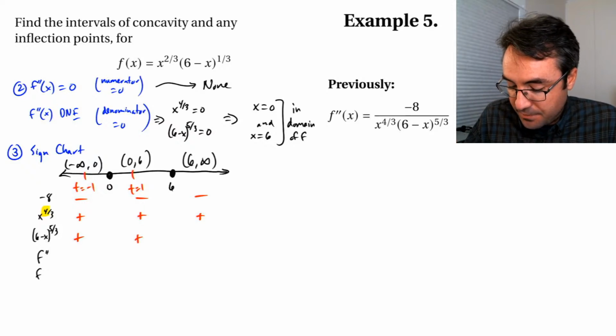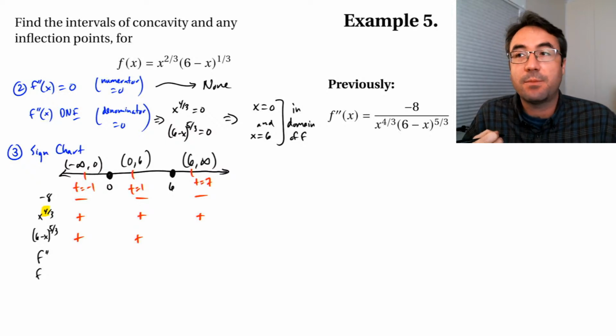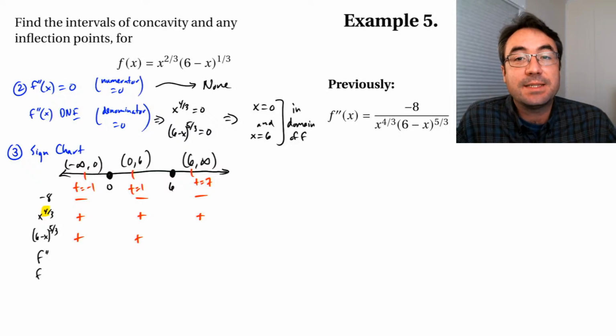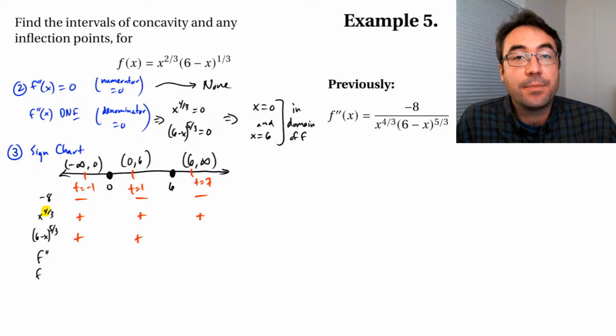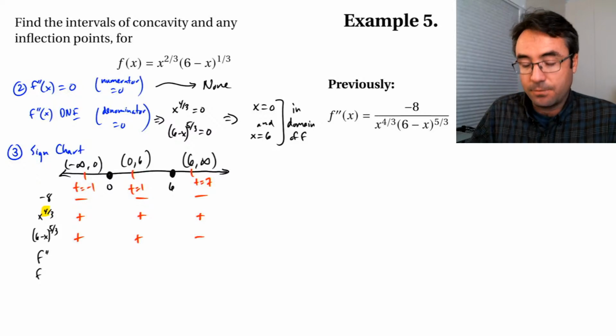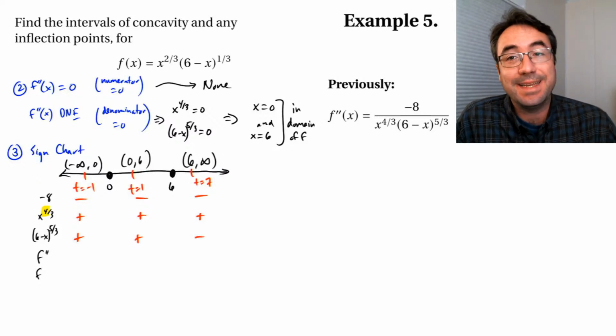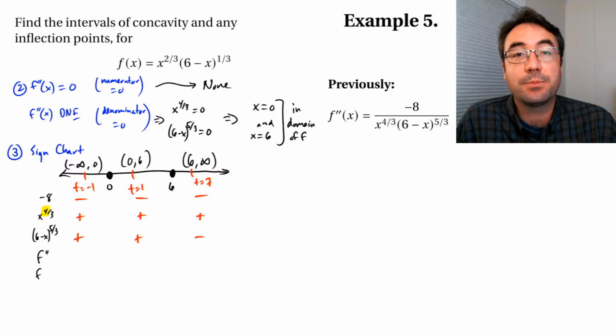And then finally, go to that last interval. Maybe we use another test number, maybe 7. And if we plug 7 in, we get 6 minus x, which is -1. So we have -1 raised to the 5/3 power. And when we have odd exponents like that, a negative results in a negative. So -1 raised to the 5/3 power is -1. So we end up with a negative result there.